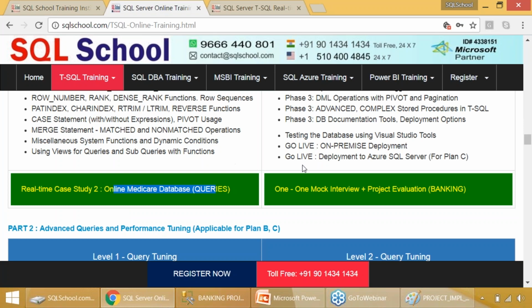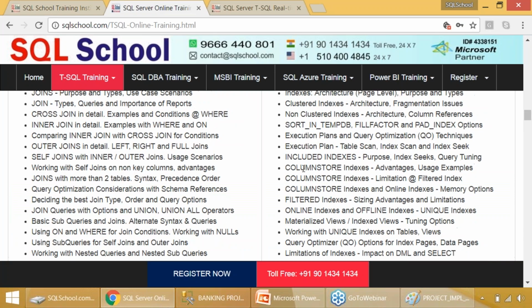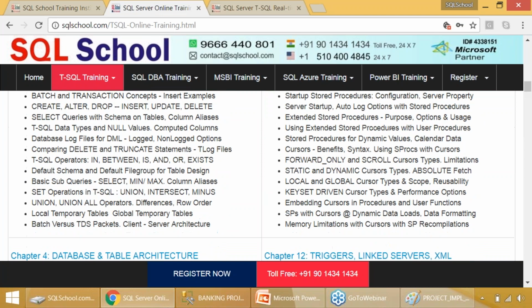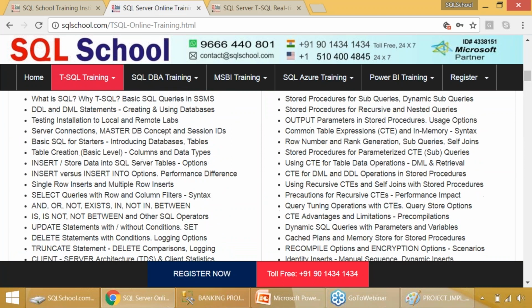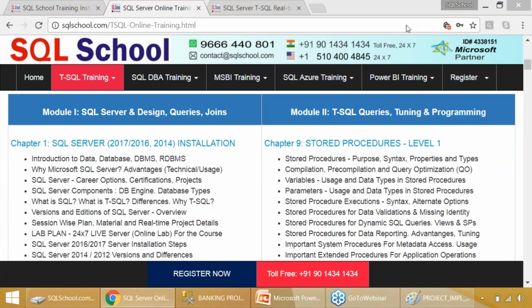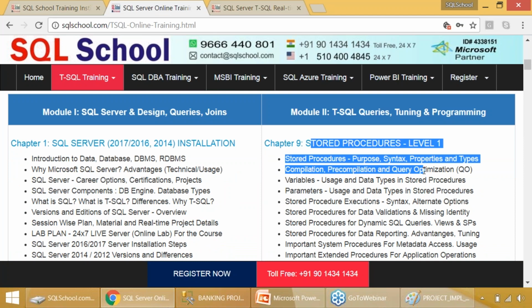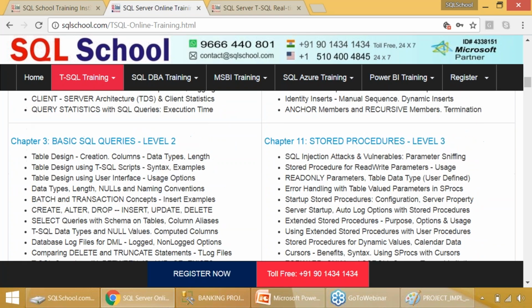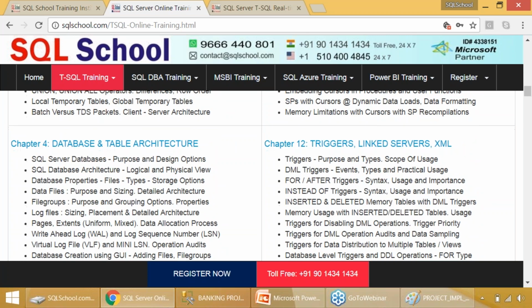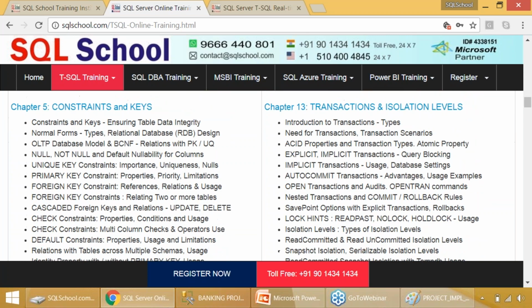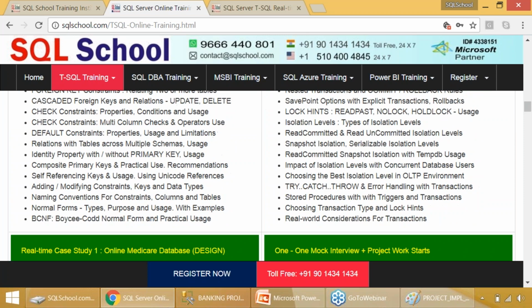Back to my course. With this information of queries, we'll also go for programming activities. Like for example, here it is: stored procedures with query tuning activities, simple to complex procedures for automatic data validations, triggers and linked servers, and transactions with isolation levels.